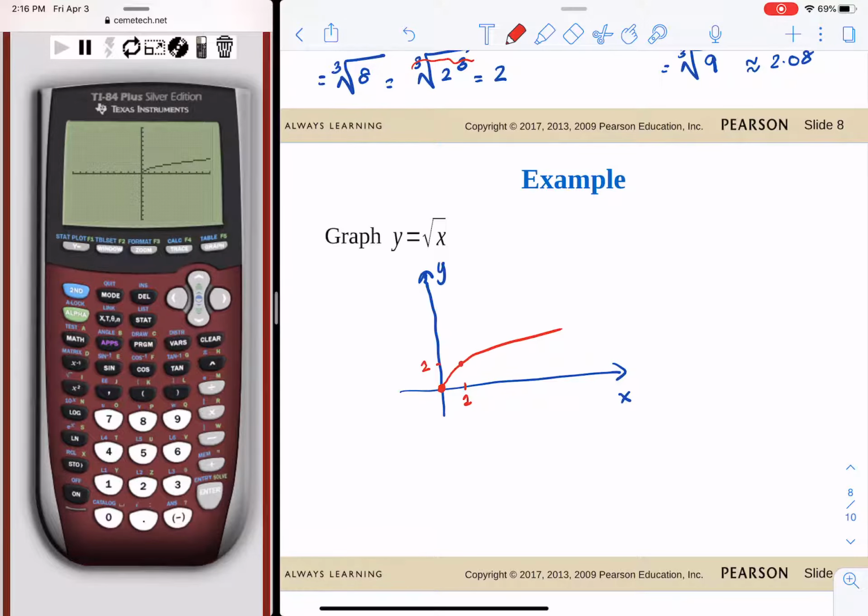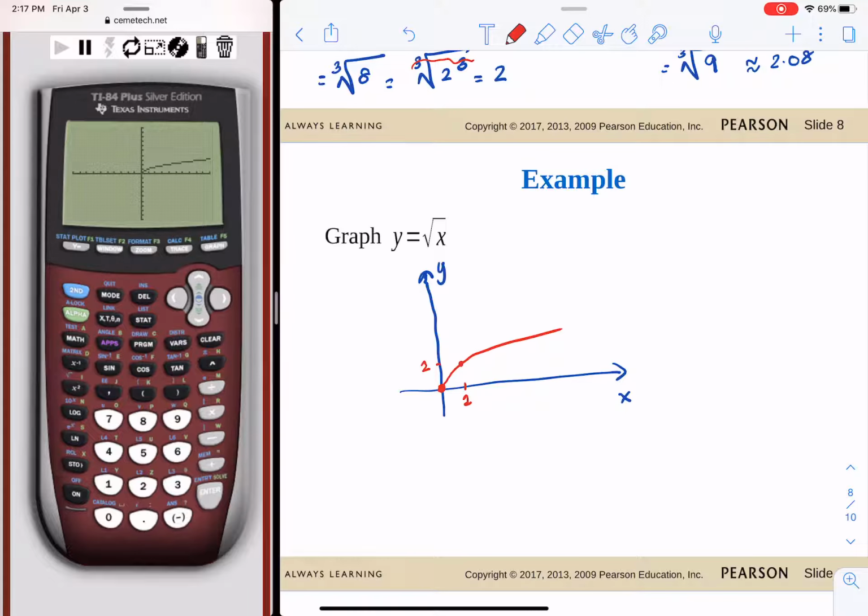So you can also note that the graph doesn't exist for negative values. The reason being we cannot take the square root of a negative number, because if you take the square root of a negative number, you would get an imaginary number.